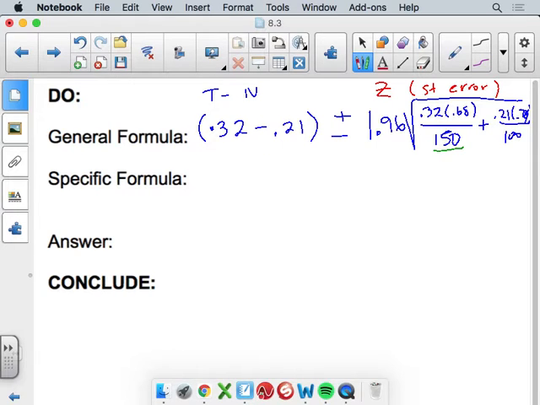So put that in the calculator, 0.109, hopefully, something like that. So that's my plus or minus margin of error.